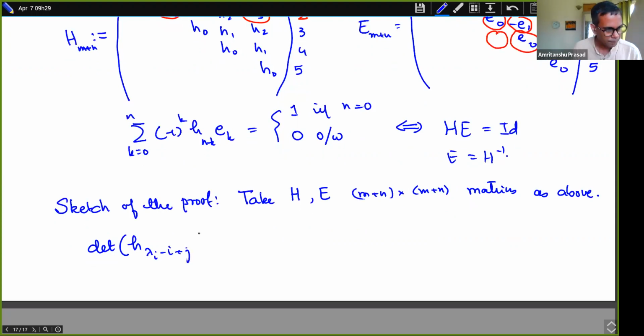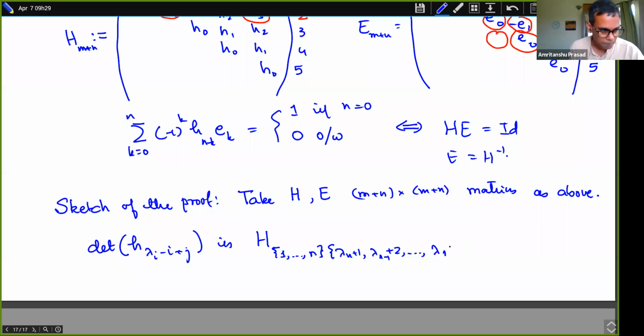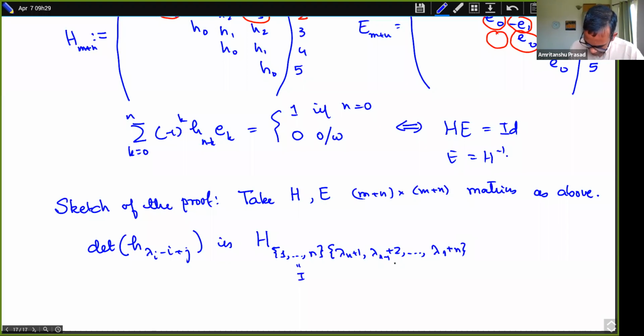Lambda I minus I plus j is, we take H with the rows 1 to n, I guess. And the columns are lambda n plus 1, lambda n minus 1 plus 2, up to lambda 1 plus n. So this is your I, this is your J.